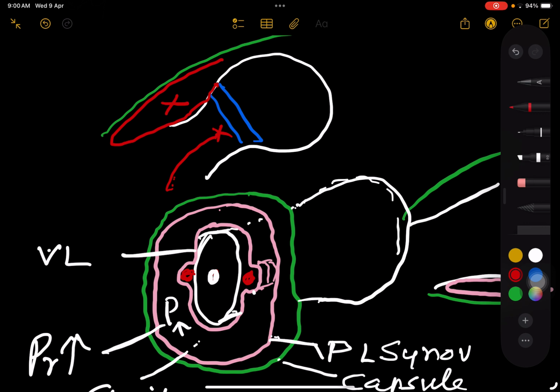Therefore, there will be two layers of the synovium, the visceral and the parietal layer.